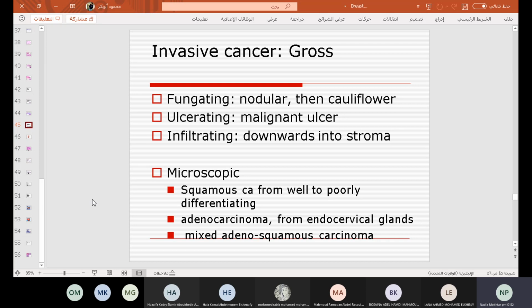What we normally see in the cervix is the squamous variant, squamous cell carcinoma. Rarely we can see a mixed adenosquamous carcinoma when it affects the overlying mucosa of the cervix and the underlying glands, or tumor metaplasia occurs in which the squamous shows some glandular features.